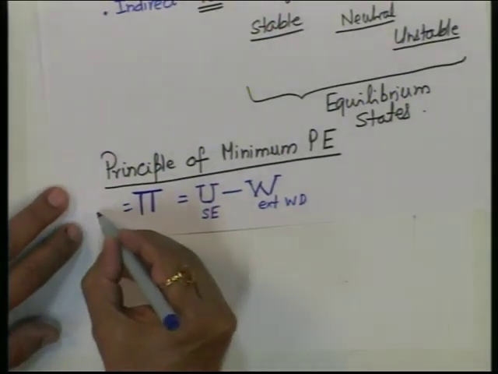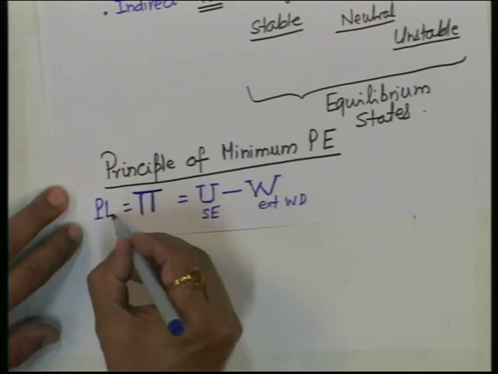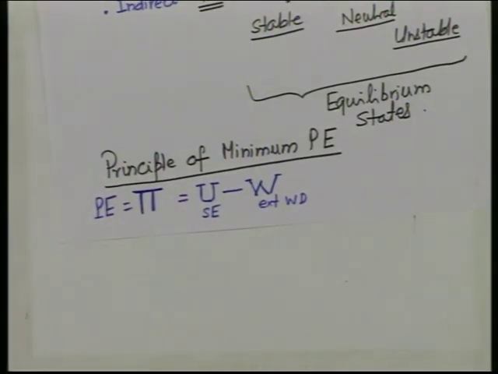Pi equals U minus W, strain energy minus W, the work done by external forces.